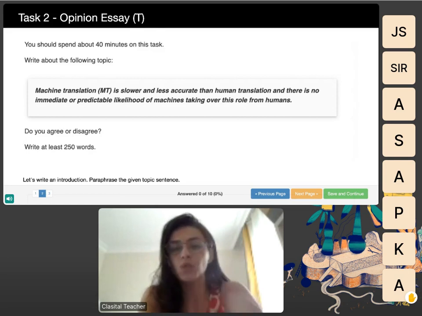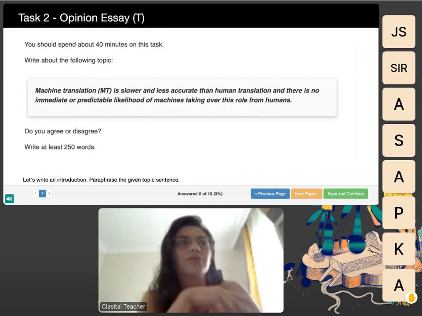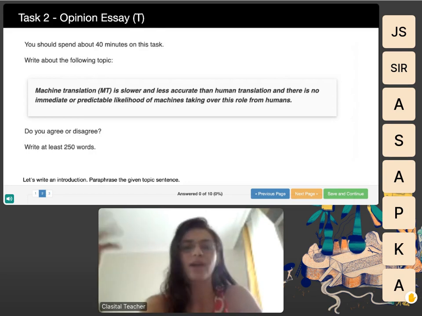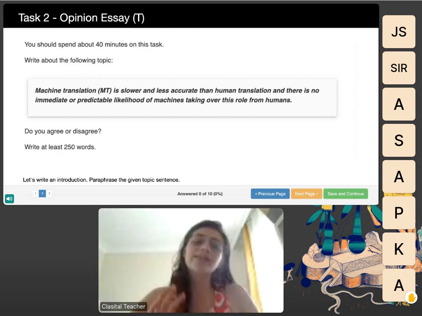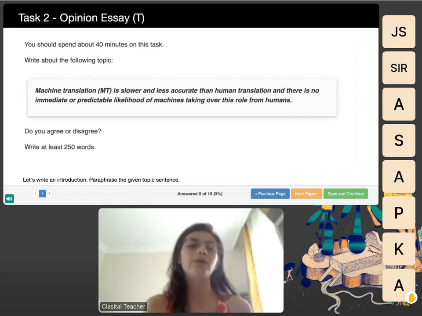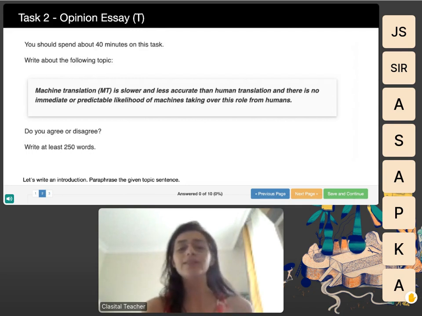The first one is task 1, which we need to spend around 20 minutes on. And the second one is task 2, for which we will need to spend around 40 minutes, because task 2 affects your score more than task 1. So we will spend more time on writing this one. And in opinion essays, we will usually get like a.